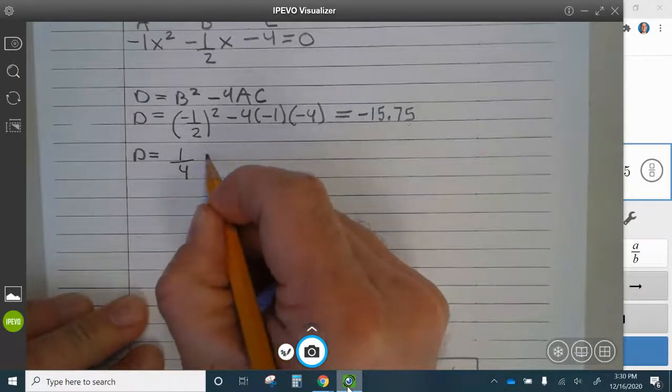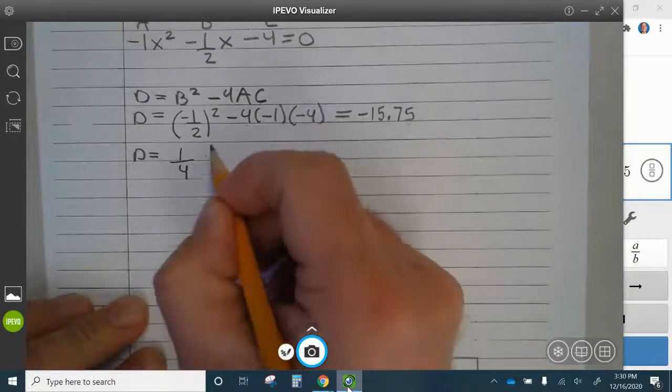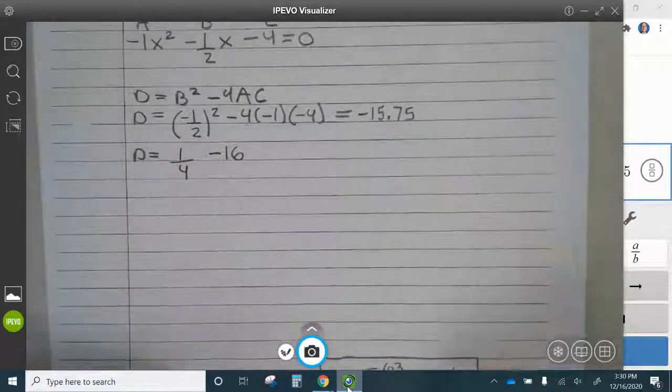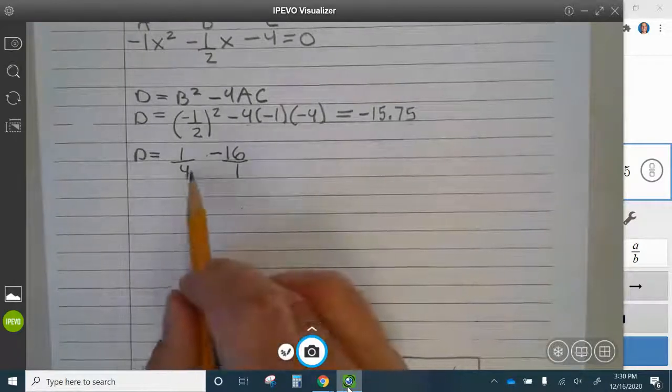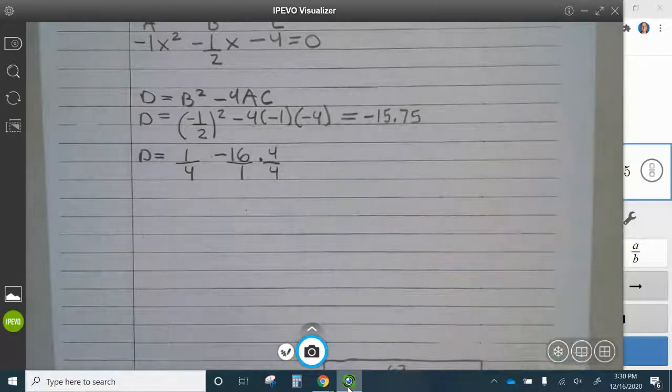Okay, minus, now a negative 4 times a negative 1 is a positive 4, times a negative 4 is a negative 16. So that's minus 16, divided by 1. Now, in order to subtract these, we need to multiply this by 4 divided by 4.